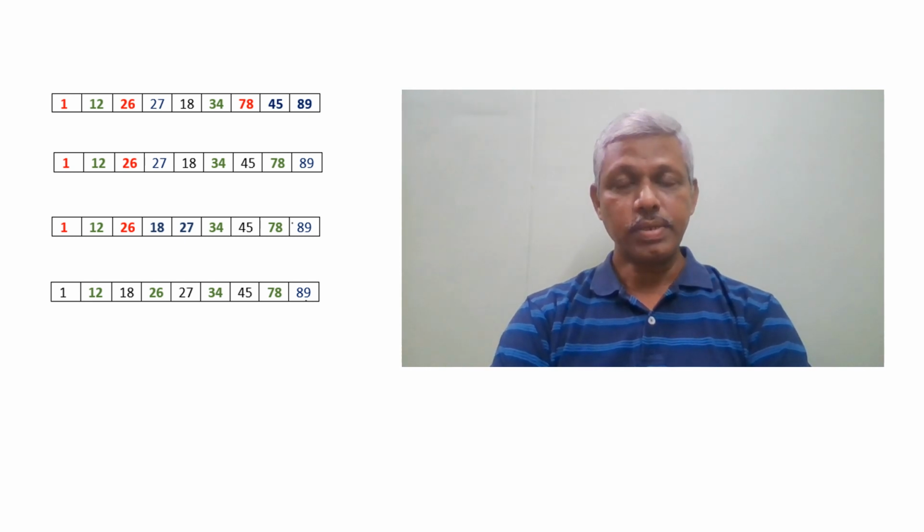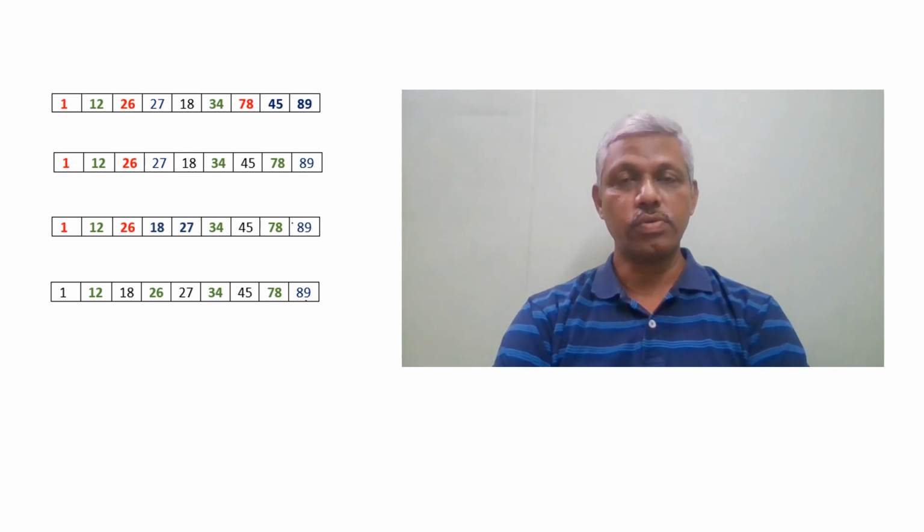Again they have to be swapped, 18 and 27 are swapped, and once they are swapped, if we continue this, the indexes will cross each other, so we'll swap 26 with 18.